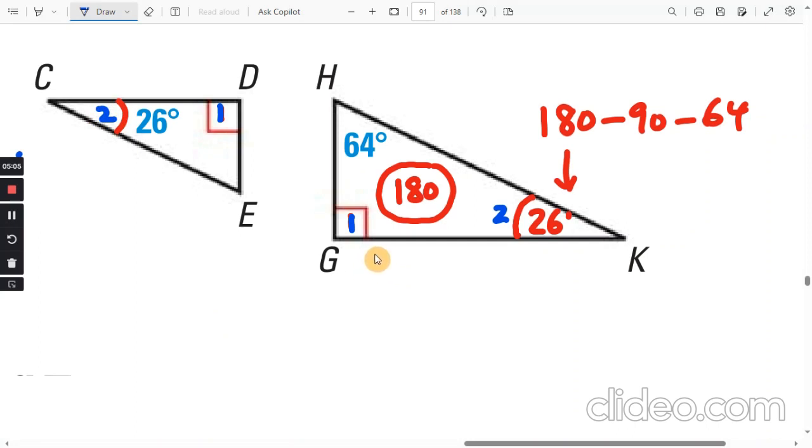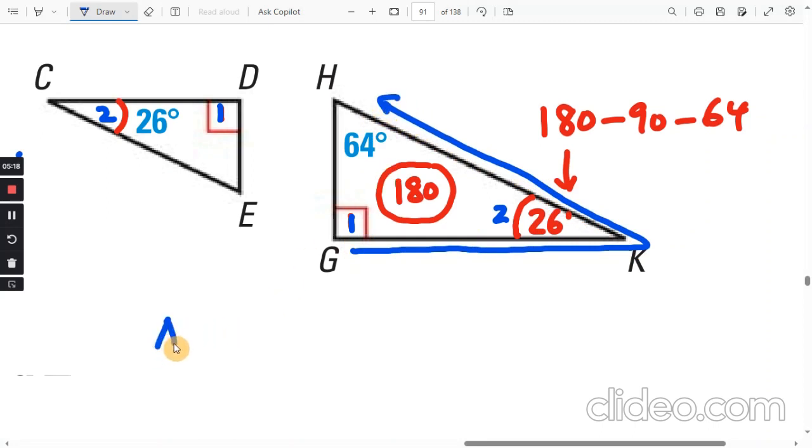So if I were to write the similarity statement, I'm going to go from 1 to 2 and then the third angle. So I'm going to go G, K, H. All right, so that's going to be triangle G, K, H. And that is similar to this triangle.